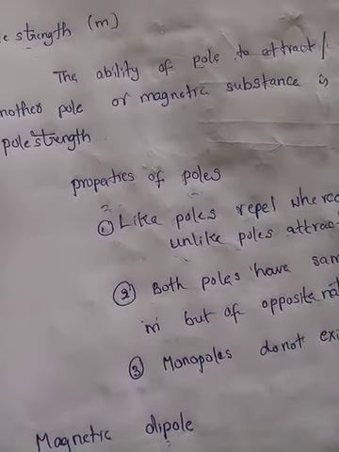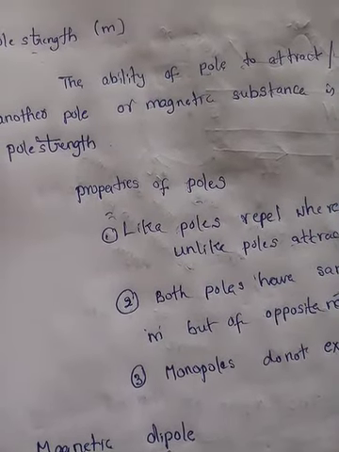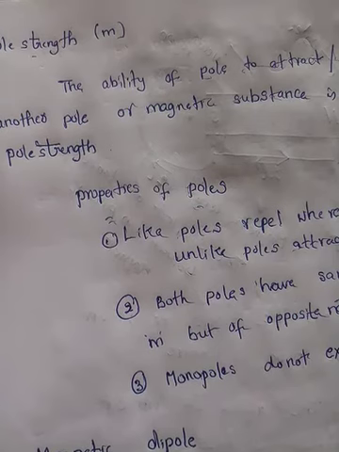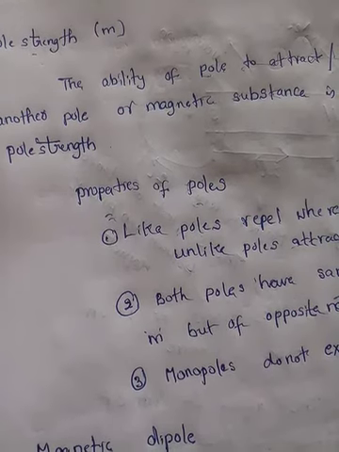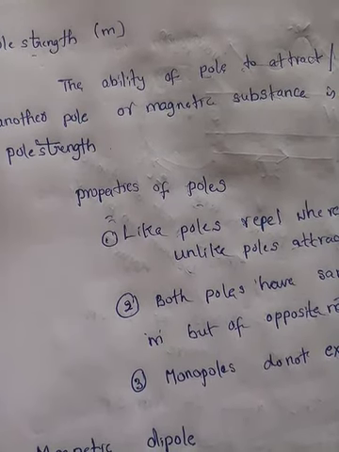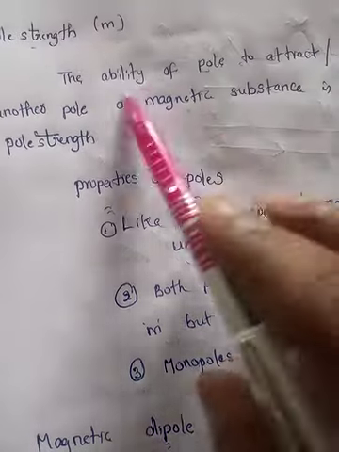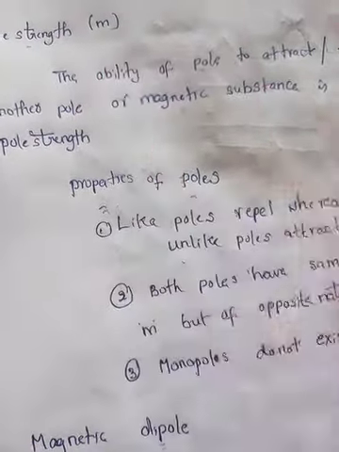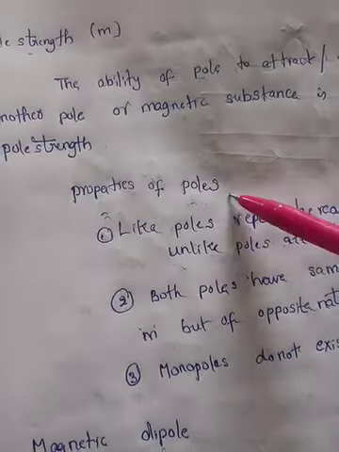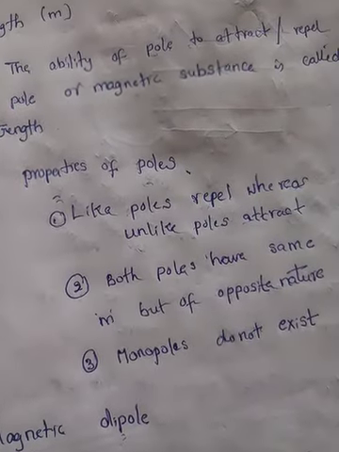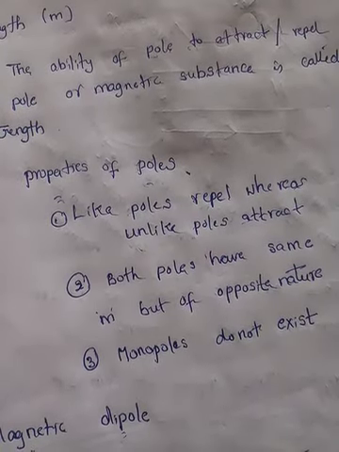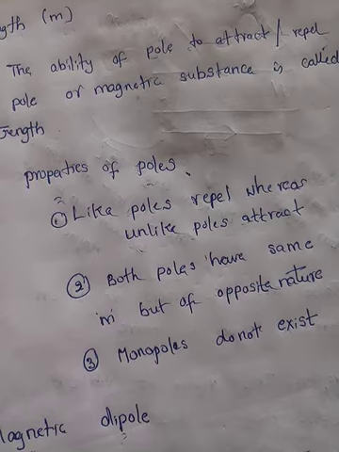Next, if you bring a pole or a magnetic substance, what happens? It attracts or repels. That ability of the material to attract or repel a magnet or magnetic substance is called pole strength. It is represented by the letter small m. Now, poles have some properties. Like poles repel, whereas unlike poles attract.